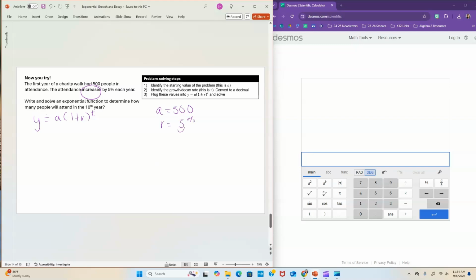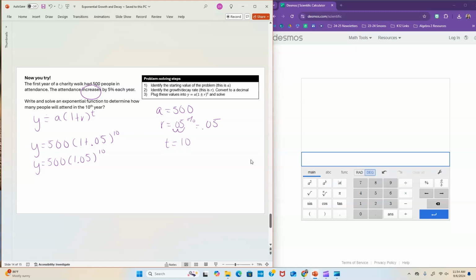So we're going to move the decimal 2 places to the left, so that's 0.05. And then we have the value of T. It says how many people in the 10th year, so T is 10. So we have y equals 500 times 1 plus 0.05 to the 10th power. So y equals 500 times 1.05 to the 10th power.